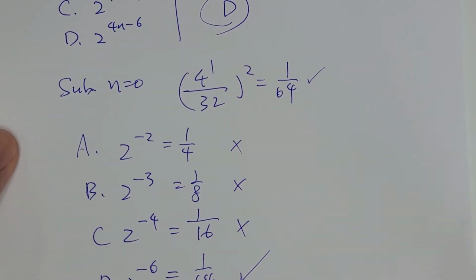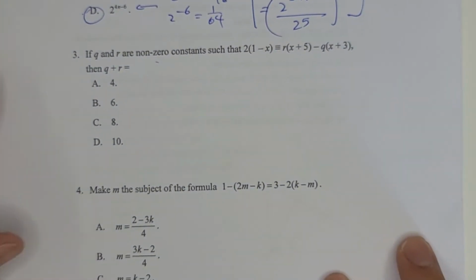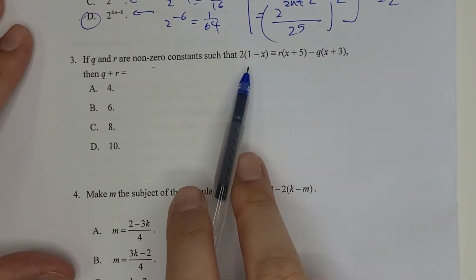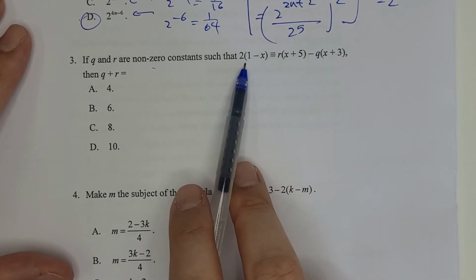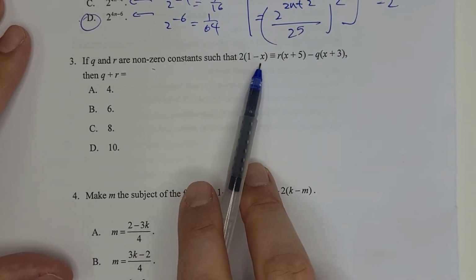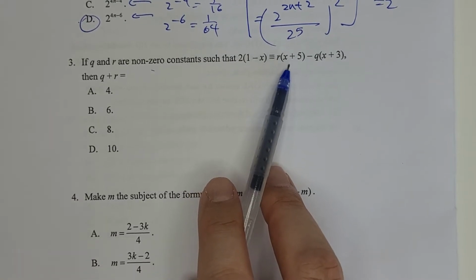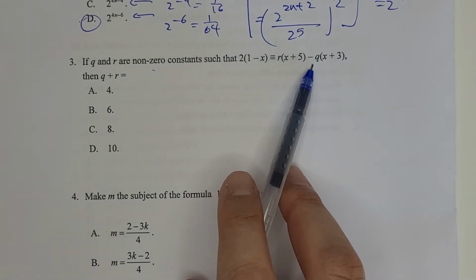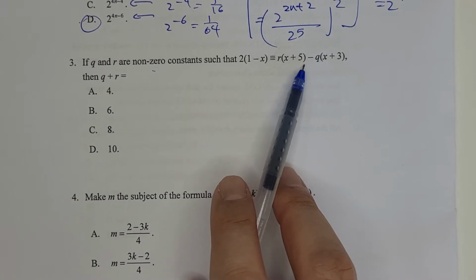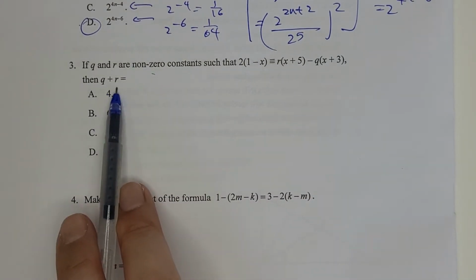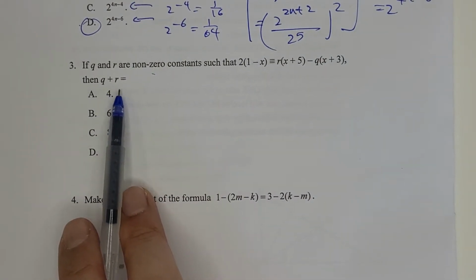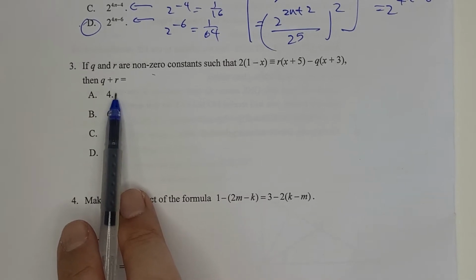And then go to question number 3. For question number 3, there's a question about identity. So 2 bracket 1 minus x is identical to r times x plus 5 minus q bracket x plus 3. So what we can do, we need to find q and r first and then find q plus r.